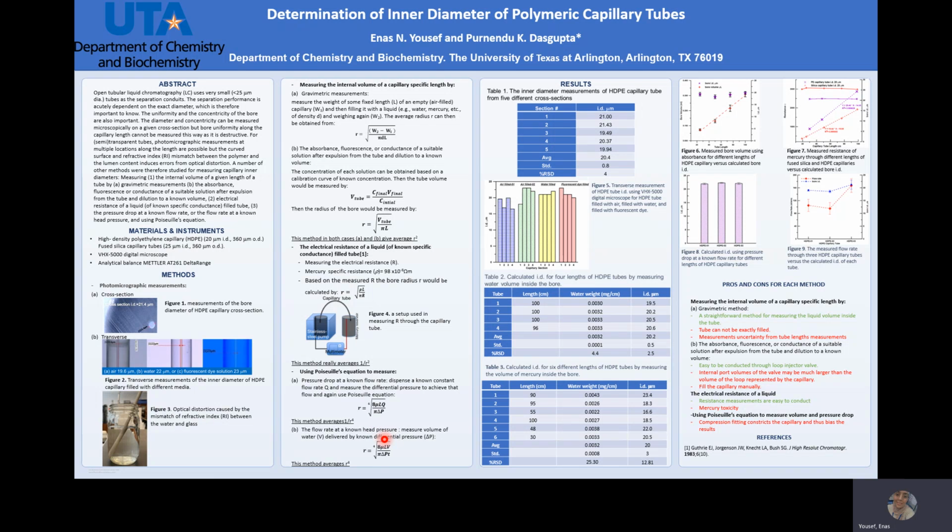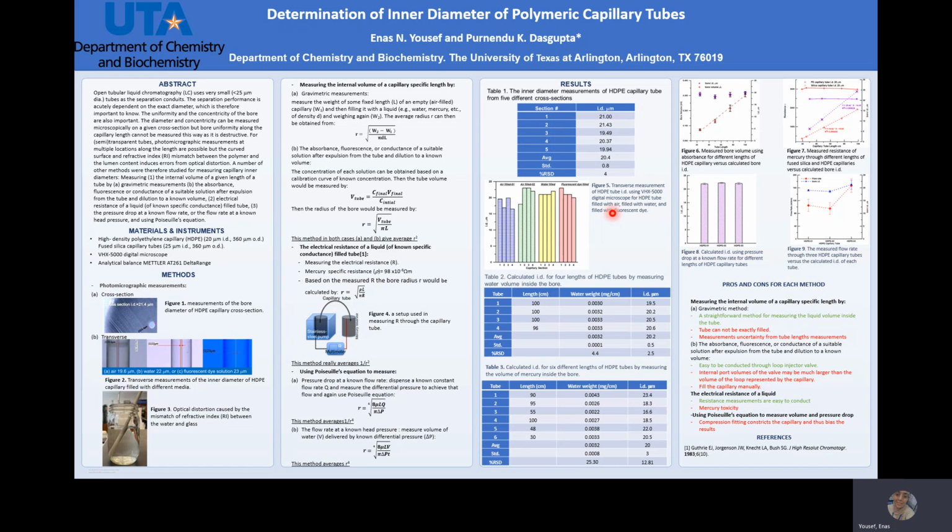Results: Table 1 represents the inner diameter measurement of the high density polyethylene capillary tube for different cuts. Figure 5 represents the inner diameter measurement of a 100 centimeter high density polyethylene capillary filled with different media.